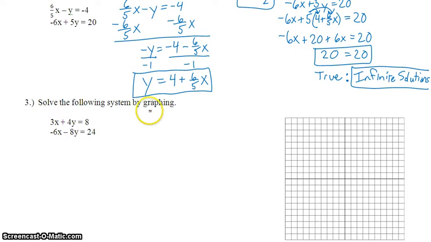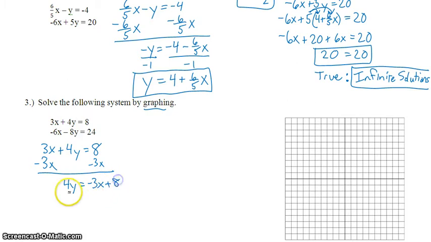Last method to solve, solving by graphing. In order to graph an equation, I want to write that equation in y equals mx plus b form. To write it in y equals mx plus b, I need to solve for this y. Subtract 3x from both sides. Divide both sides by 4.